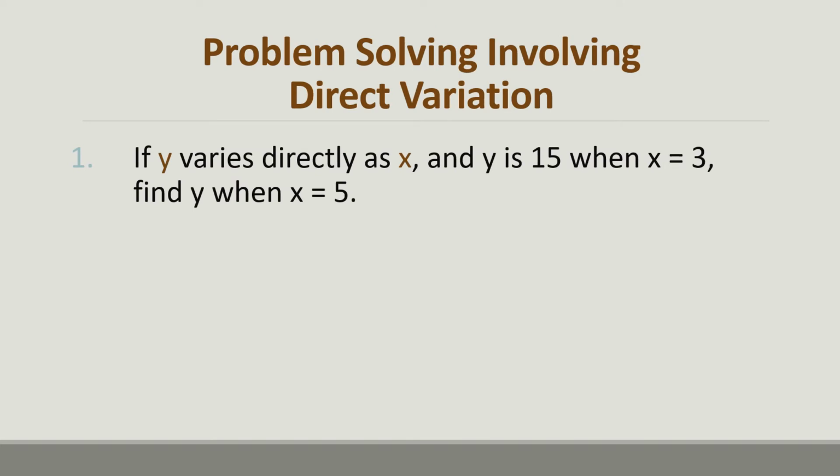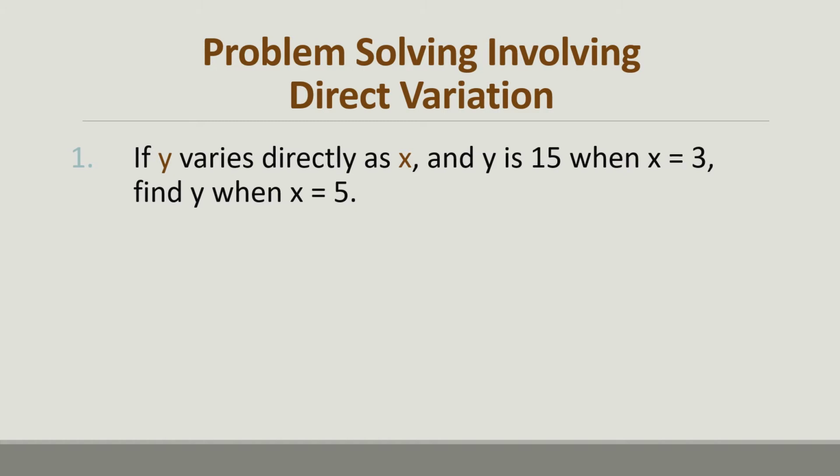Now let's move on to solving problems involving direct variation. I have here my first example. If y varies directly as x and y is 15 when x is equal to 3, find y when x is equal to 5. Now, again, the first thing that we need to do is to identify what variables are being used in this problem.